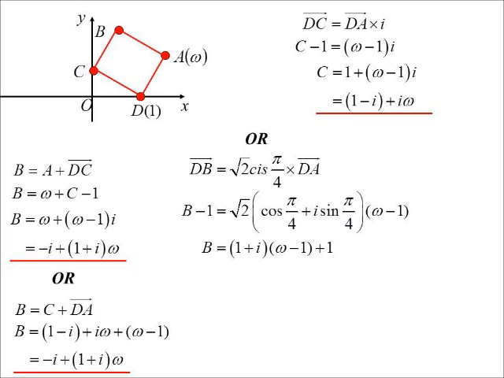And I get 1 plus i times omega minus 1, and then I've moved the 1 from the other side over. If I manipulate this, I should end up with the same one. So expand out, and sure enough, there we go, we get the same answer. I guess it just depends on how you're thinking about it at the time. You might look at it and see it one way, you might look at it and see it another way a different time, but they should all work. I mean, otherwise we're in trouble because maths has to work.